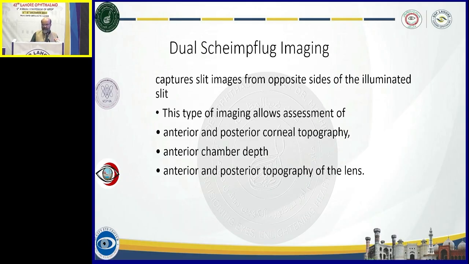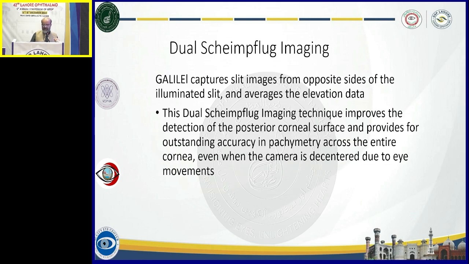The dual Scheimpflug imaging captures slit images from opposite sides of the illuminated slit, and this allows the assessment of the anterior and posterior corneal topography. So Galilei captures slit images from opposite sides, and this imaging technique improves the detection of the posterior corneal surface.